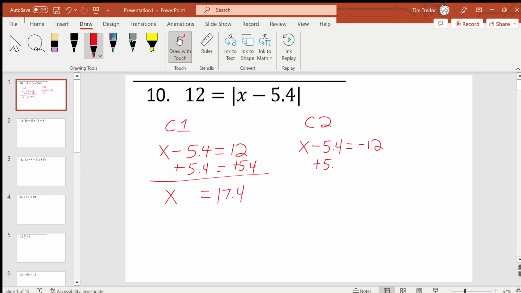I would add 5.4 to both sides to get my x by itself, and I'm going to get x equals negative 6.6 rather.